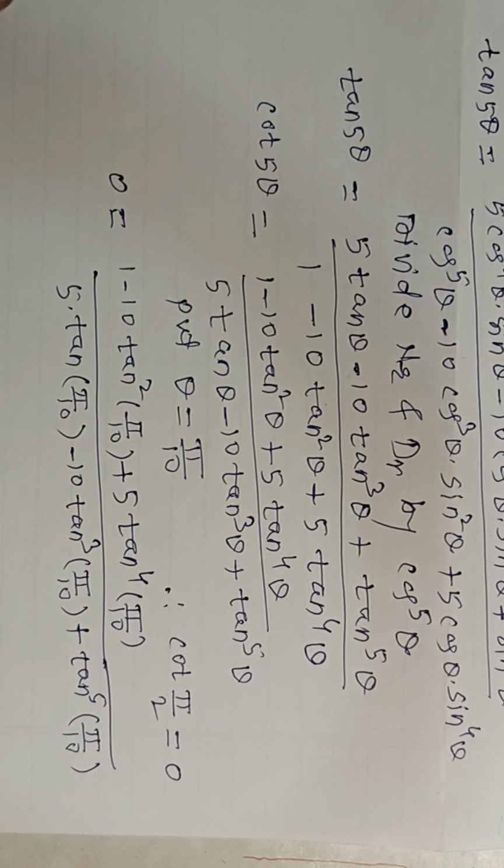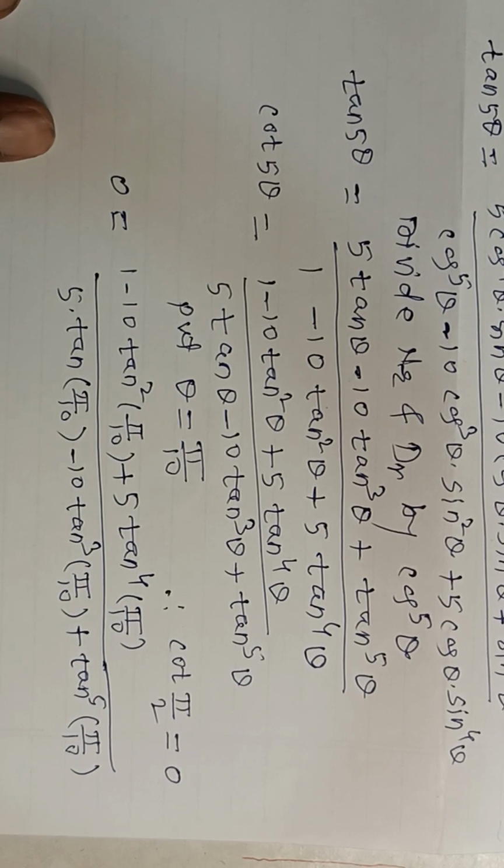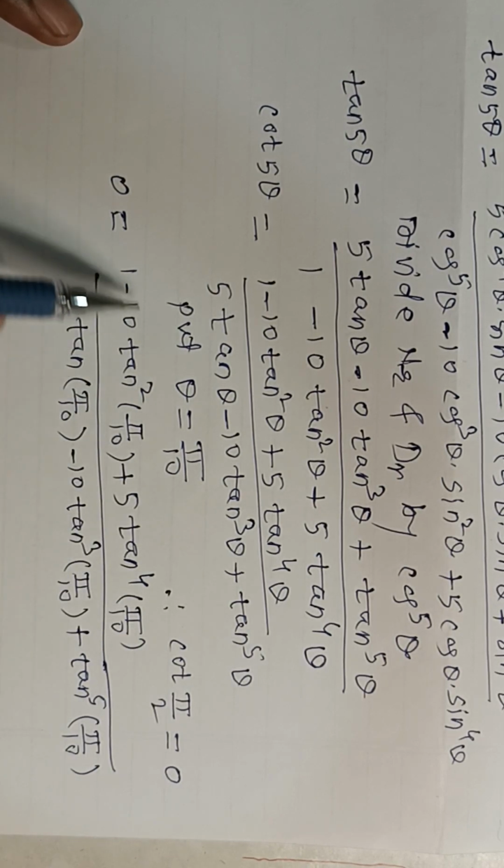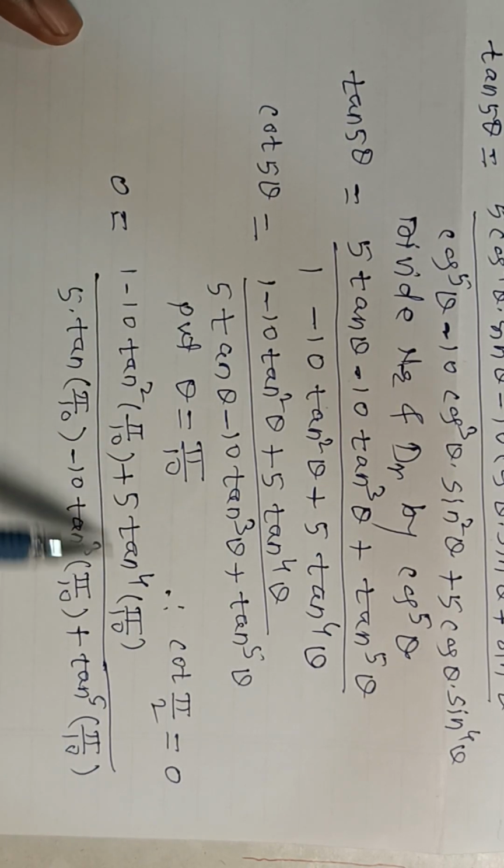Okay, now left hand side is 0, so right hand side must be 0, and right hand side will be 0 only when the numerator becomes 0. This must be 0.